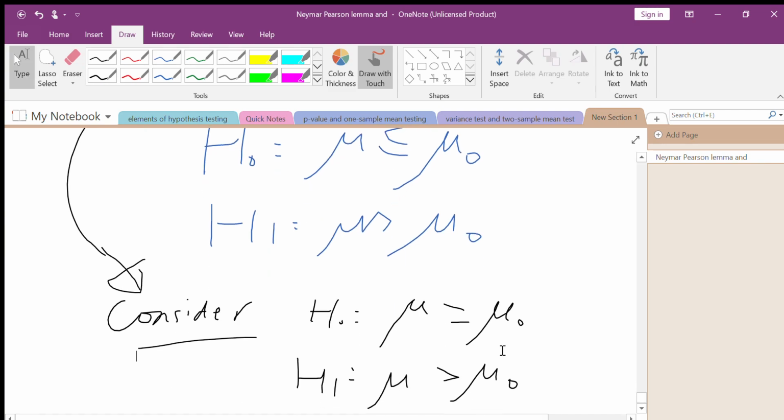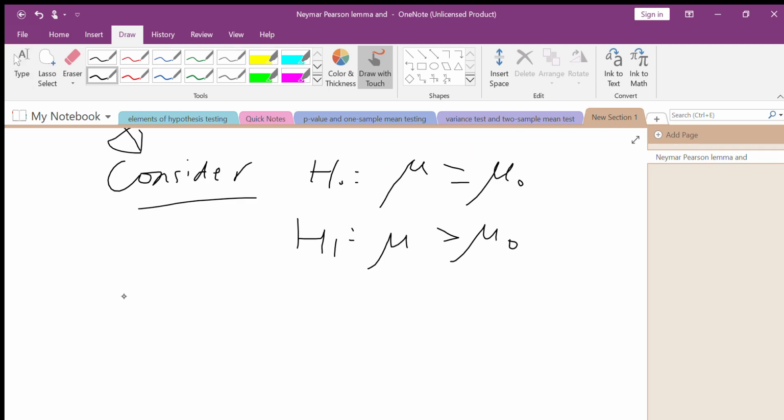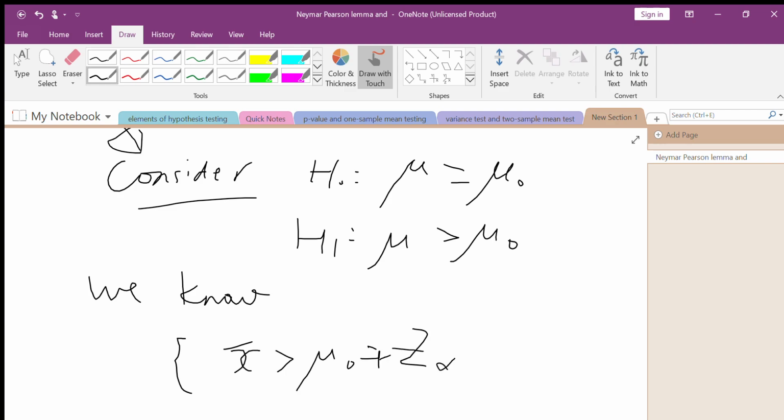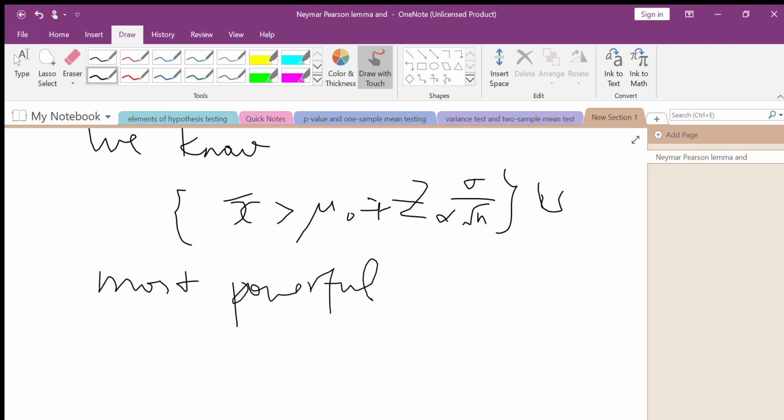Using this, we know from the previous example that the rejection region small x bar greater than mu 0 plus z alpha sigma divided by square root of n is most powerful at alpha due to NP lemma.